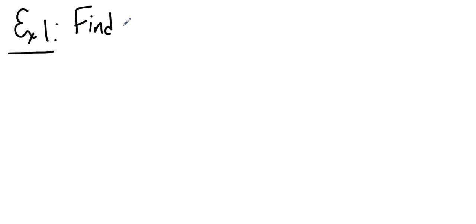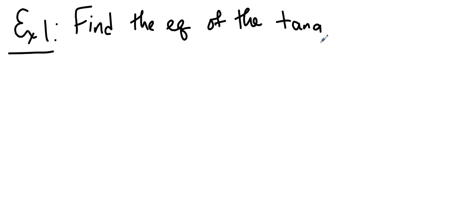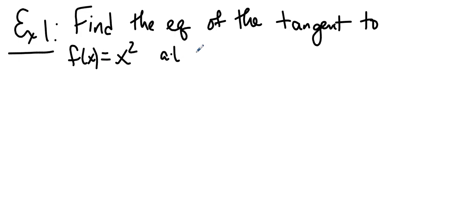For example, find the equation of the tangent to y equals x squared. Oh, let's not call it y. Let's call it f of x, just to be safe, at a equals 2.